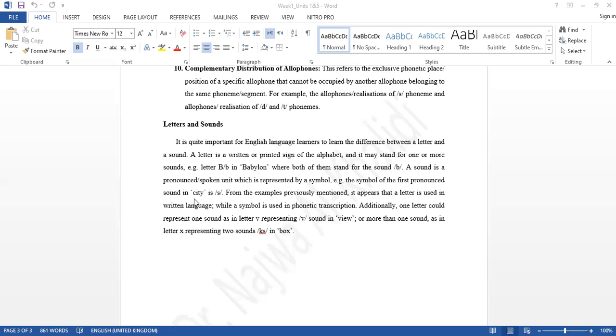We have the K sound and the S sound represented by this letter. So again, it's very important to differentiate between these two units, a letter and a sound.